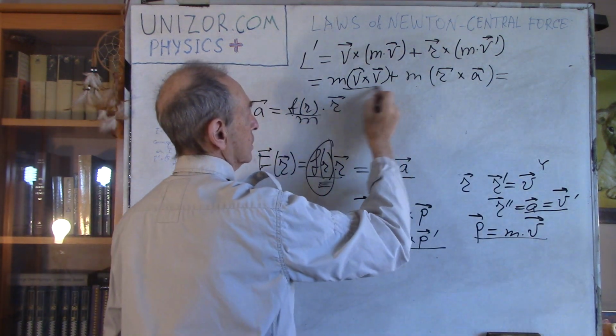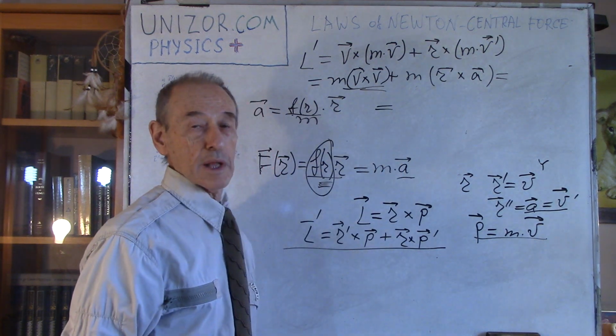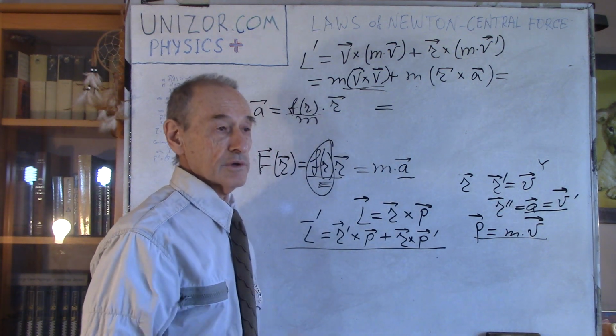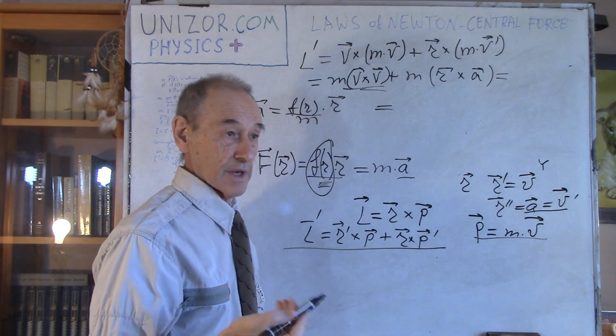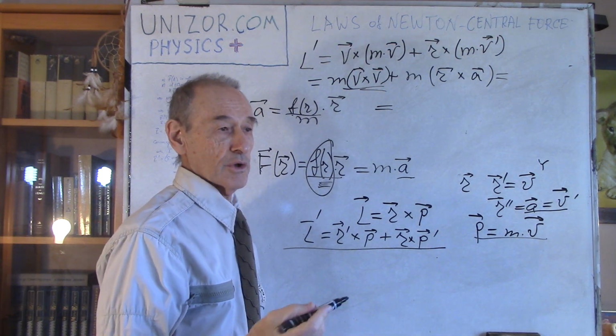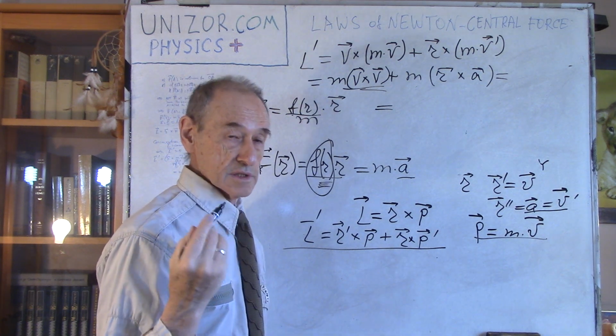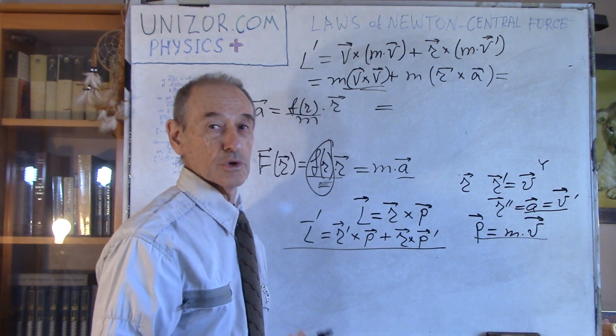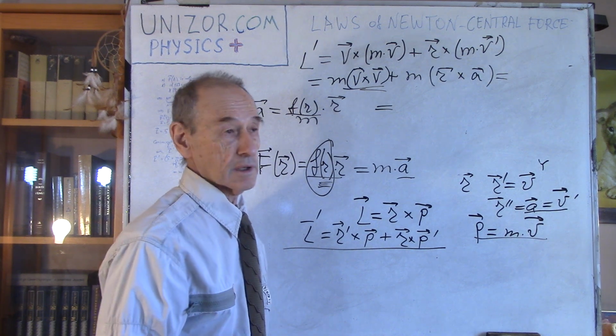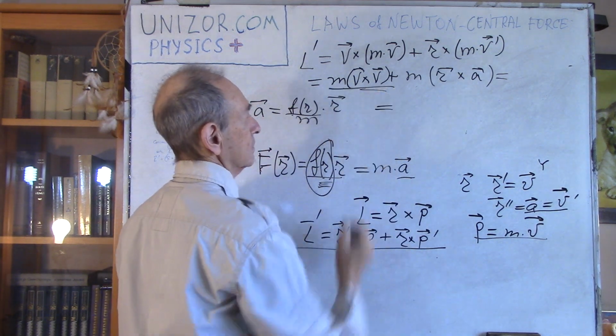What is v vector multiplied by v? These are one and the same vector. Vectors are collinear, so the sine of the angle between them is equal to 0. The vector product of these two is equal to a null vector.